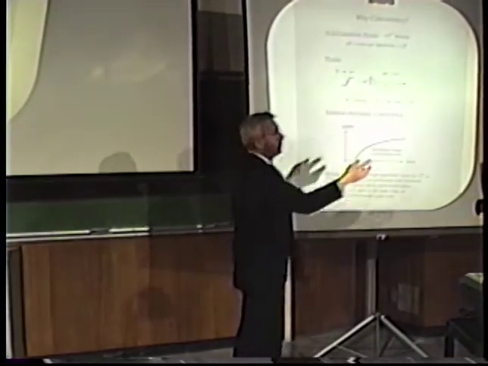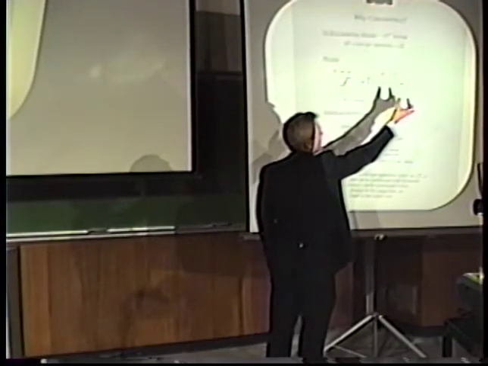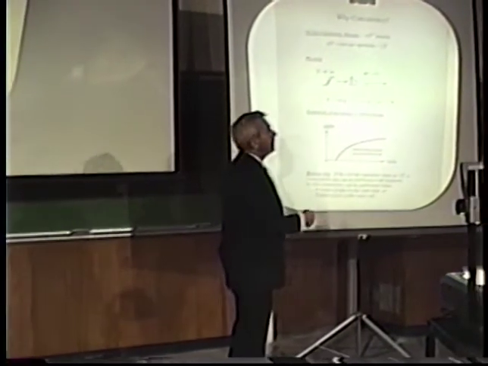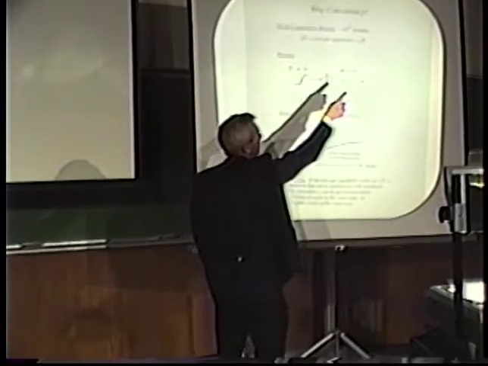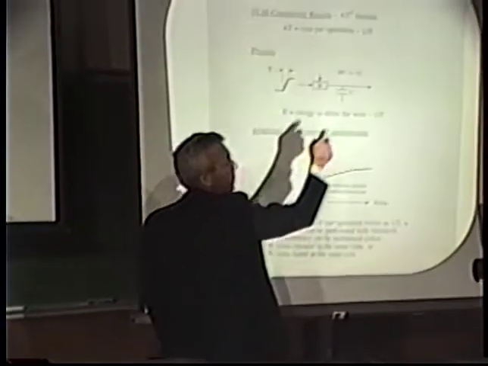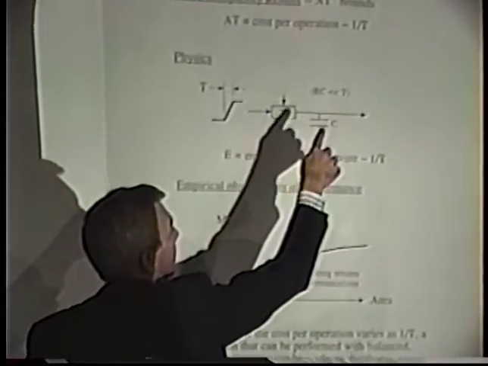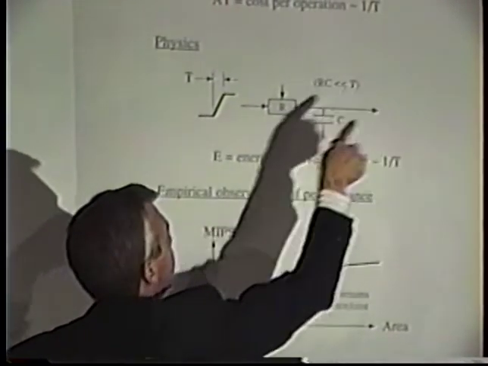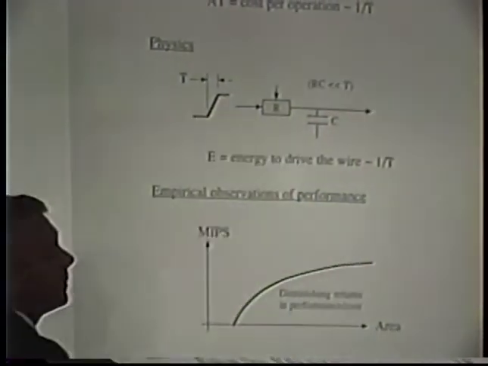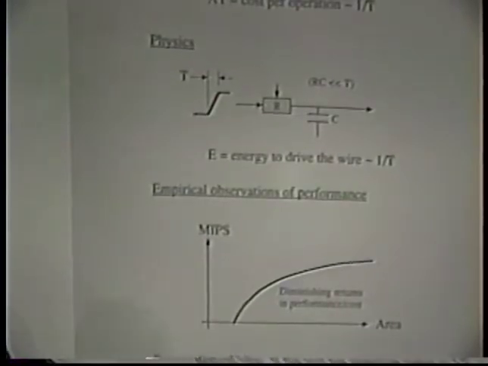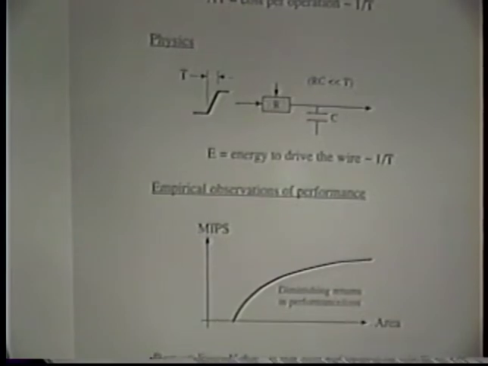And of course, wires and circuits have a certain capacitance. And if I can arrange for the resistance of this switch when it's connected to be small enough so that RC is much less than this transition time, then the energy required to drive the wire varies as 1 over t. Where did we see that before?